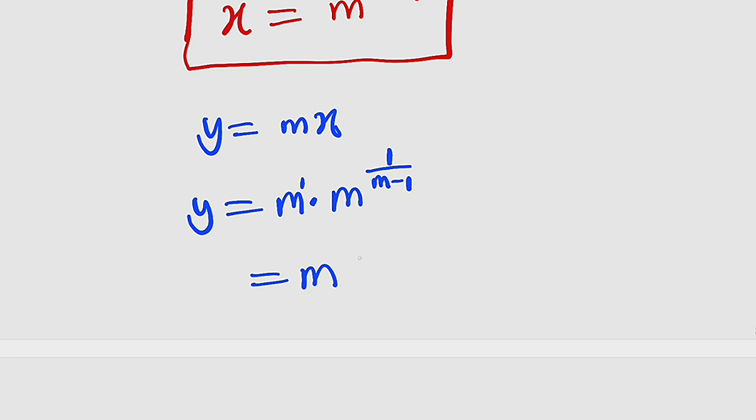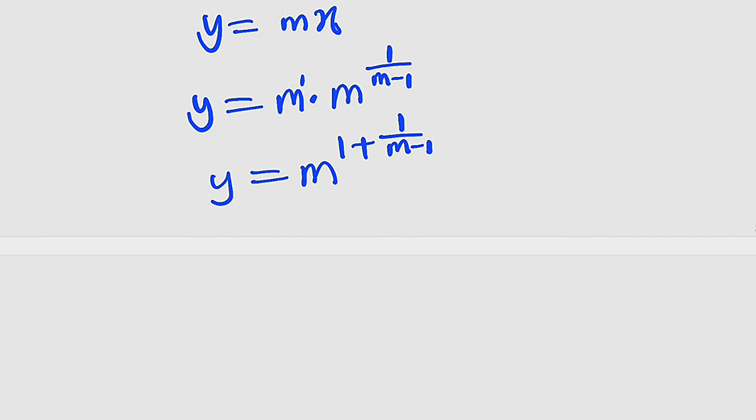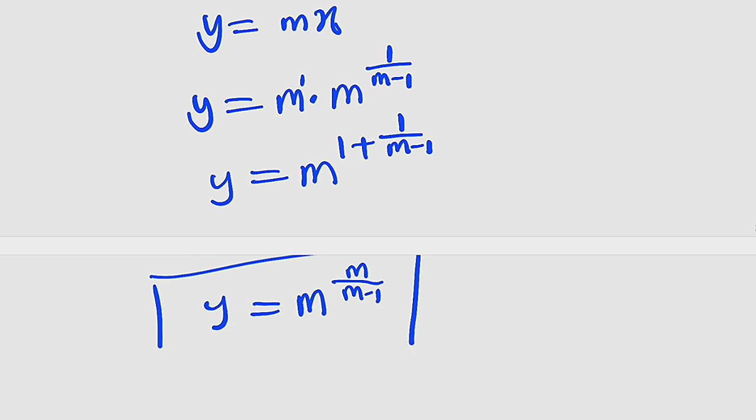So this is equal to m to the power of 1 plus 1 divided by m minus 1. And if you add this together, it's simply like saying m minus 1 times 1, which is m minus 1, then plus 1, that will give us m. So this is m to the power of m divided by m minus 1. So this is the value of y.